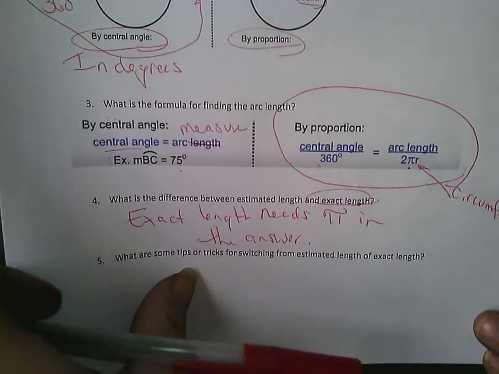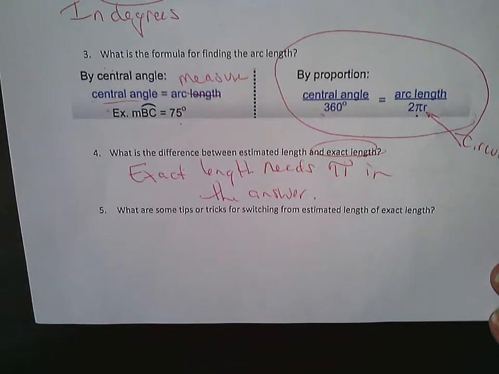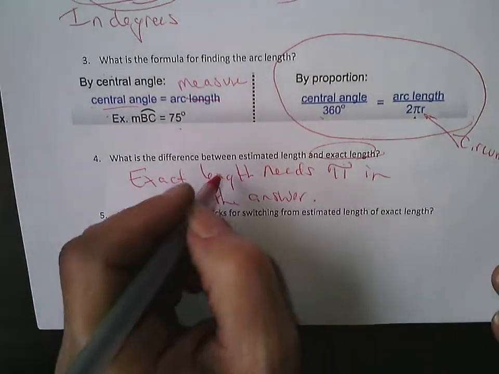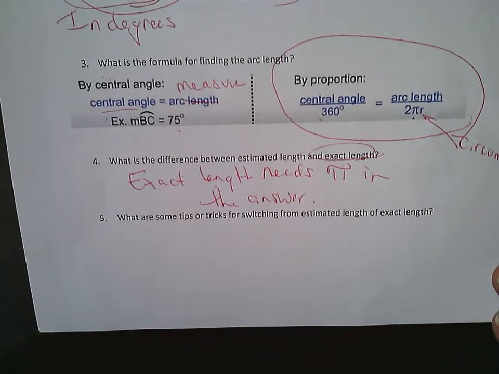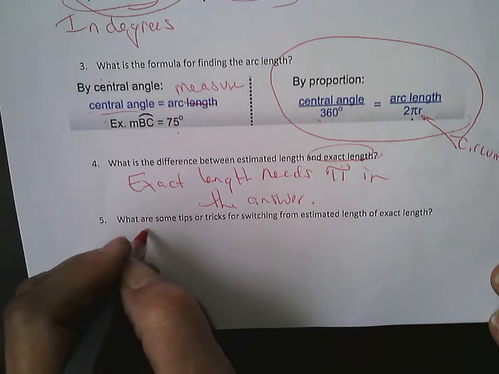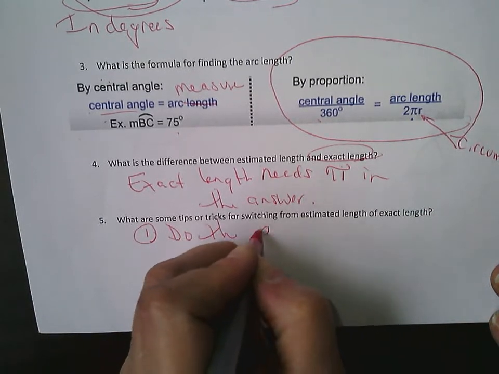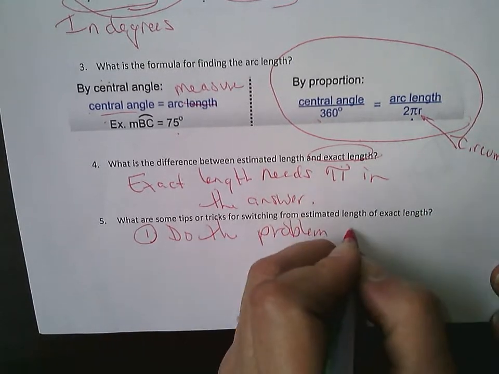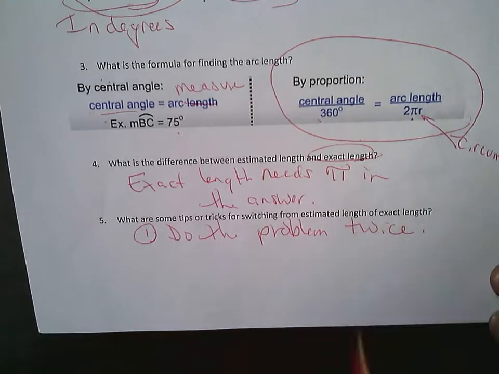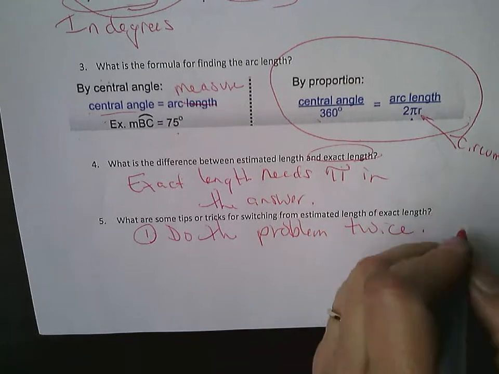All right, there are times where we're going to need to go back and forth from the estimated length to the exact length. And you can do it one of two ways. You can do the problem twice, and when we do the problem twice, we use the formula twice.